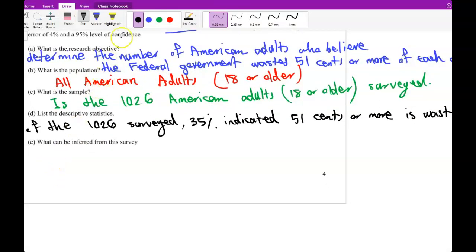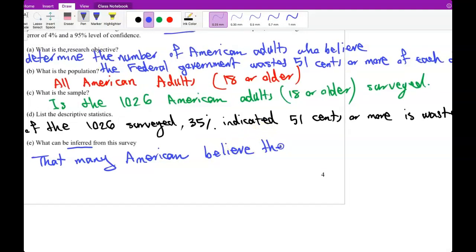What the conclusion is, so what can be inferred is that many American adults believe, because we cannot find an exact number for that. Here we were able to find 35%, but we don't know how many people are in this population. That's why I'm writing that many Americans believe.